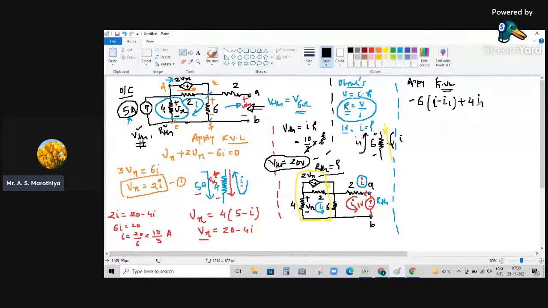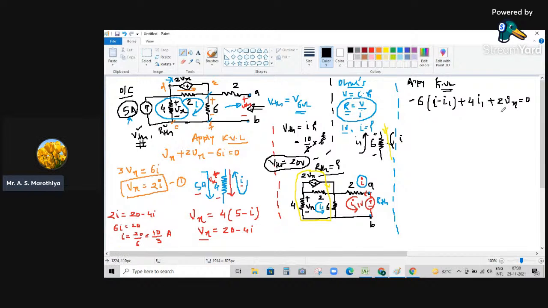In the same way, when we are moving through this 2Vx, we are experiencing a voltage rise, and the value is 2 times Vx. Now this is equal to 0. This is very important. I hope this point is clear to everyone.